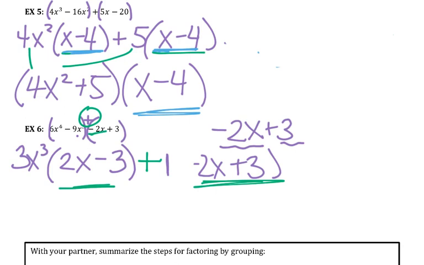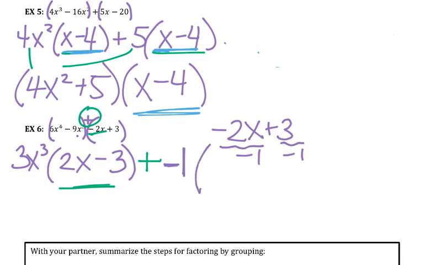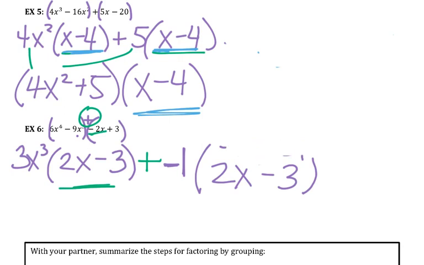What we have to do instead is factor out a -1 as our GCF. If we factor out a -1, so imagine you're dividing, you're left with 2x minus 3. So we're going to erase this.